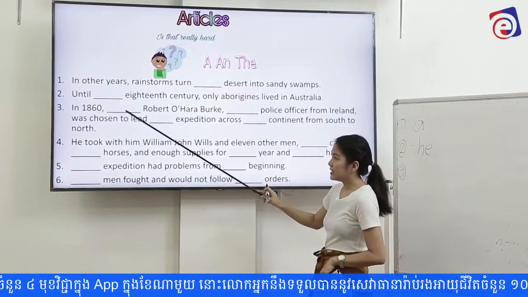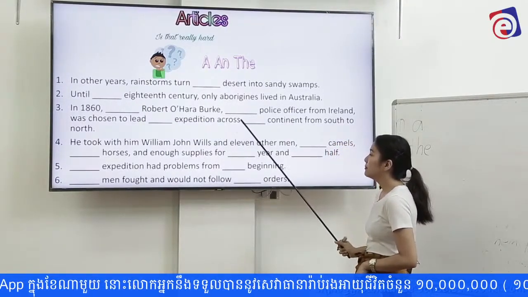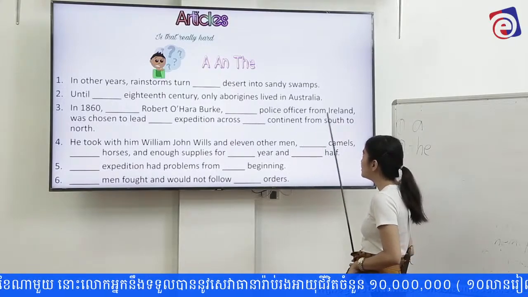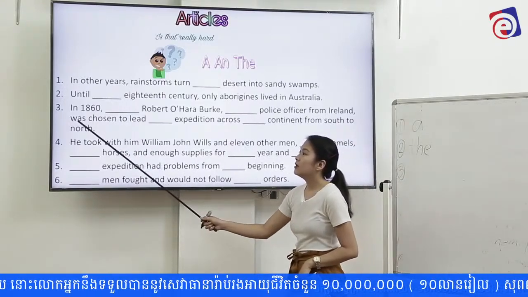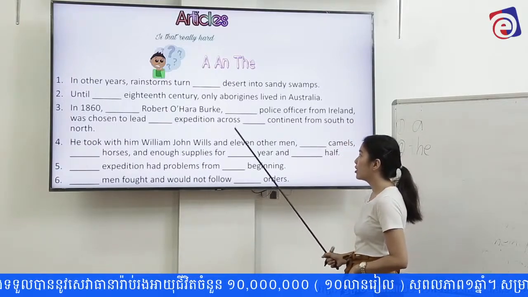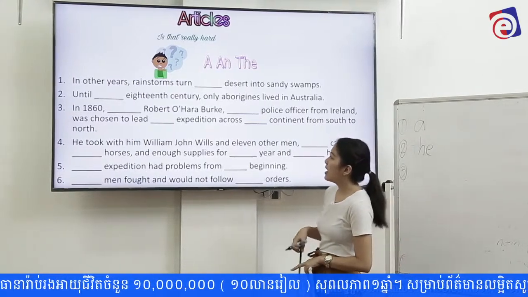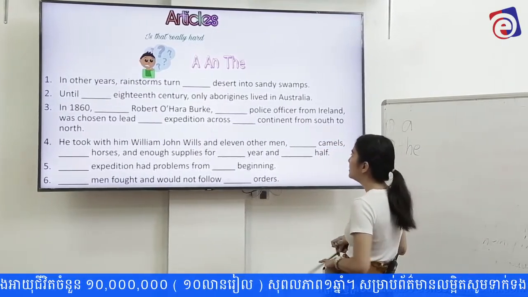In 1860s, Robert O'Hara Burke, blank, police officer from Ireland, was chosen to lead blank expedition across blank continent from south to north. So we have 4 blanks.